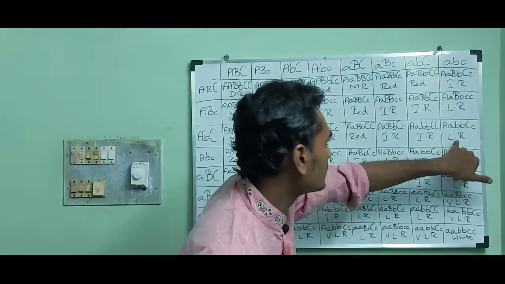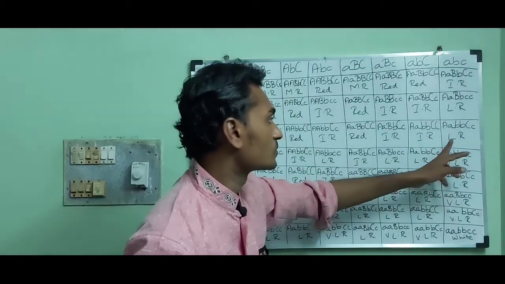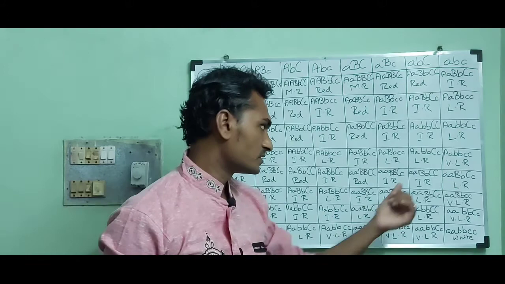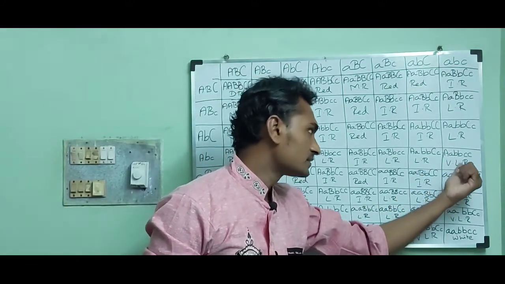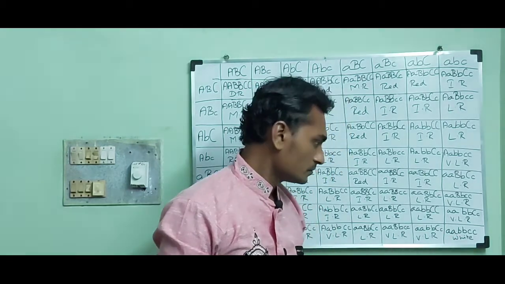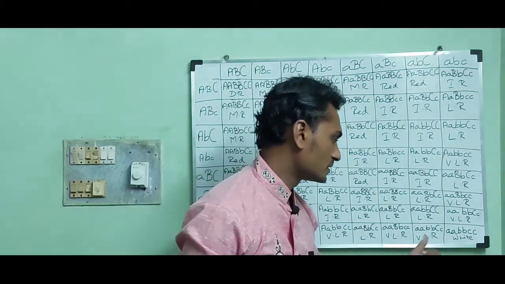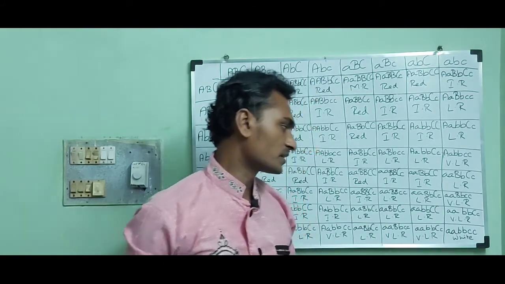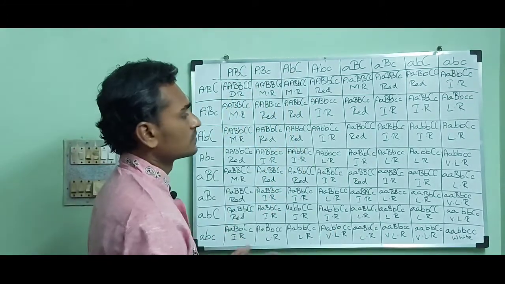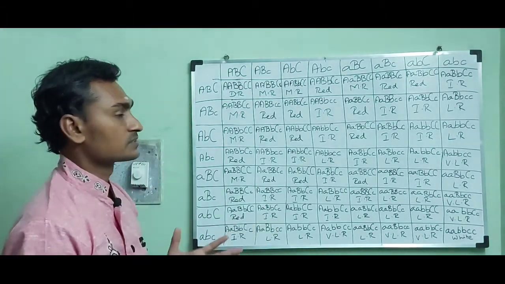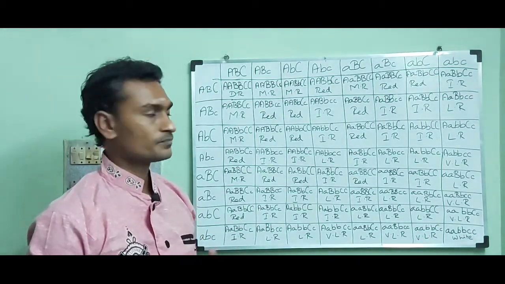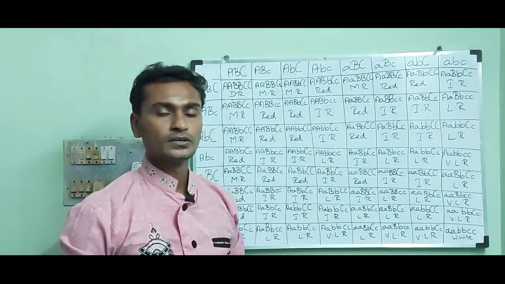Here only 2 alleles are dominant, so it shows light red. Here only 1 allele is dominant, so it shows very light red. And here all the alleles are recessive, so it shows the phenotypic character white. Please make a note of it, because this box is not given in our book. For your reference, you can write it in your notebook.